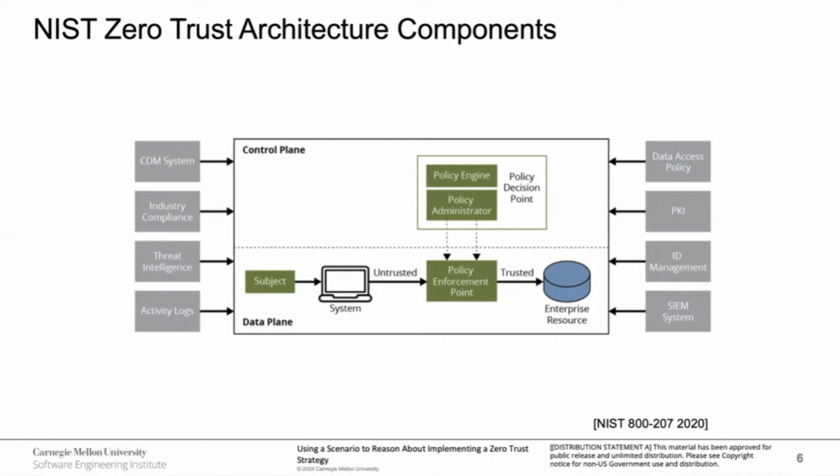The thing that feeds into those policy enforcement points is a policy decision point. That has a couple of terms there: policy engine, policy administrator. But in my mind, this is where you start to think about what are the things I need to consider to make that decision, whether that switch should be open or closed?